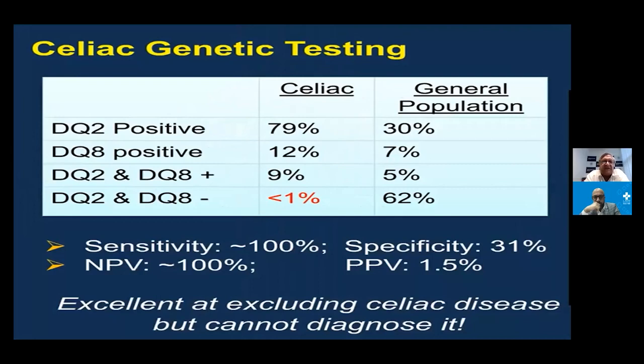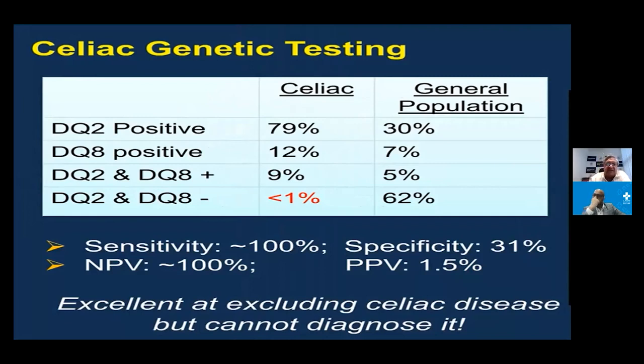What they have noticed is DQ2 is overexpressed in celiac. In general population, it is 30%, but a celiac person will have DQ2 or DQ8. The chance of a celiac person not having either DQ2 or DQ8 is less than 1%.